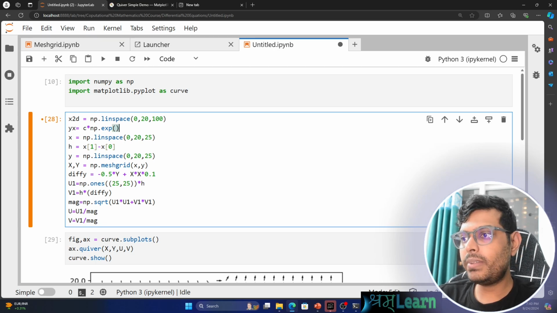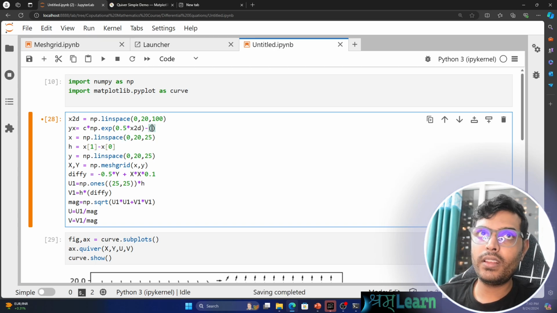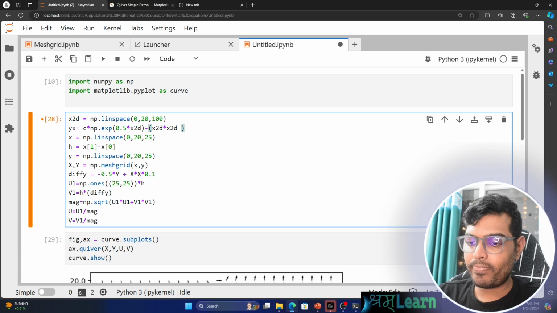Exp means e to the power, okay, 0.5 into x2d, right, minus x2d into x2d plus x2d divided by 2.5.